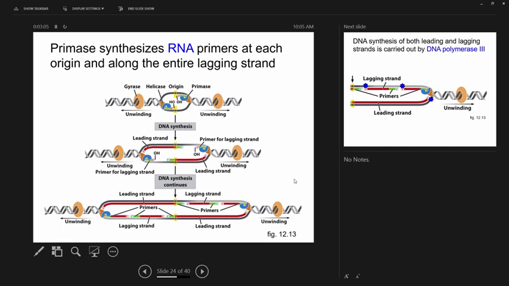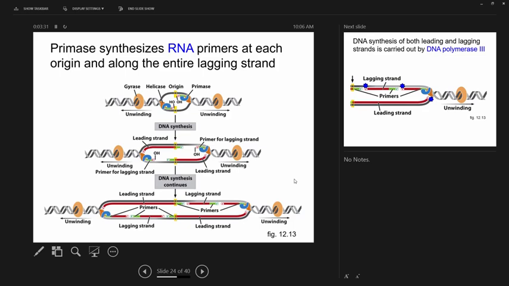The lagging strand continually needs primase to synthesize RNA primers, because here there's the first one, it gets filled in, then when more sequence over here gets opened up, you need another primer to start the second Okazaki fragment. You need another RNA primer over here to start this second Okazaki fragment.